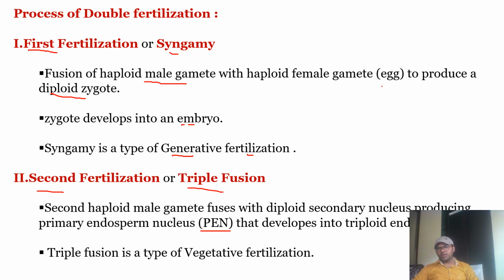Those two nuclei plus one male gamete, which is also haploid, will form triploid endosperm. And this fusion is nothing but vegetative fertilization, because further it will form the endosperm.